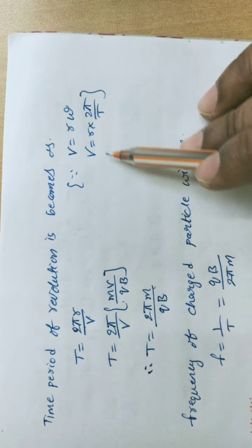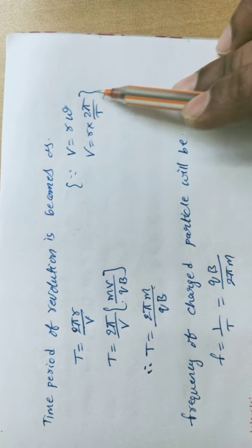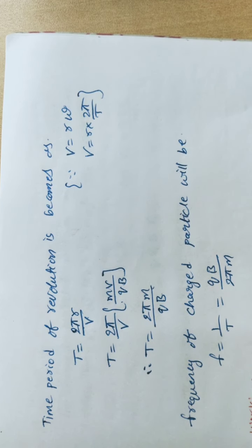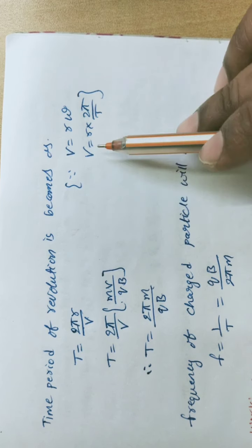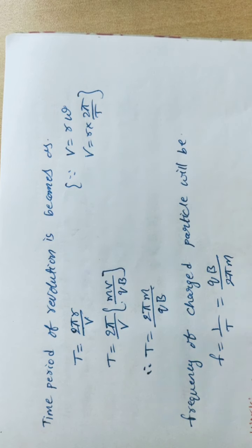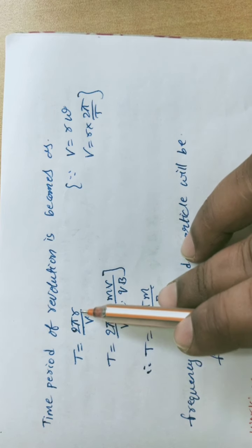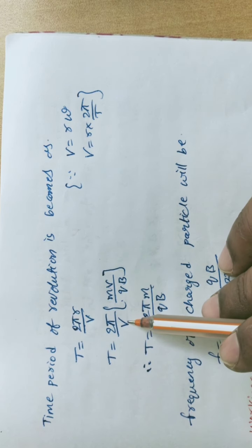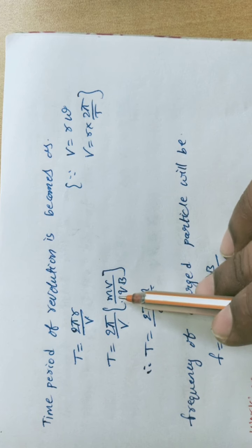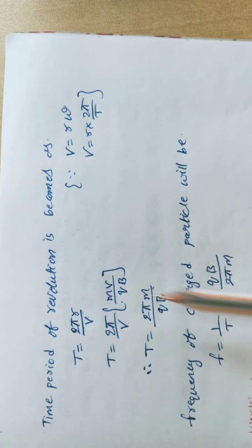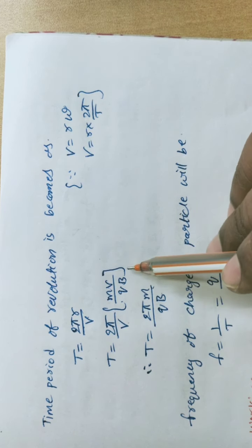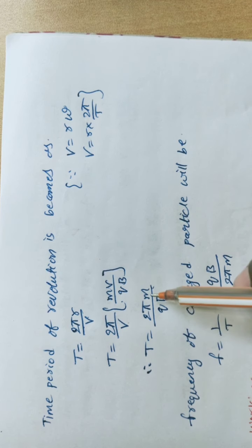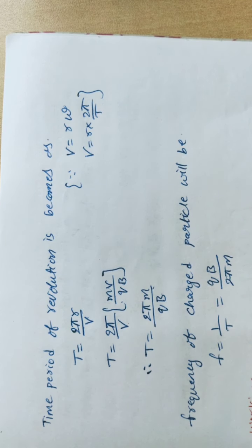Instead of omega we have the standard formula 2 pi by T. So on cross multiplication, T is equal to 2 pi r by v. Separately, we found the r value is mv divided by qB. Therefore the time period T is equal to 2 pi m divided by qB.